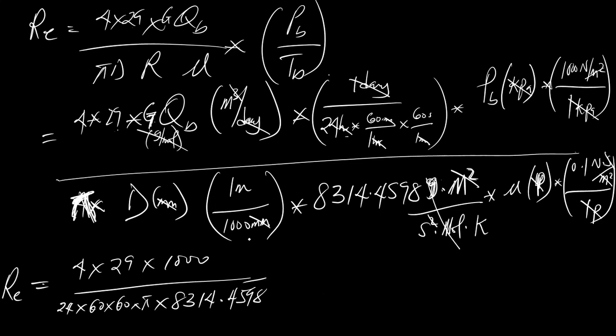Now divide by 1000. Sorry, this 1000 will come up. This is all over 1000, so this one will be 1000 square. So divide by 0.1.